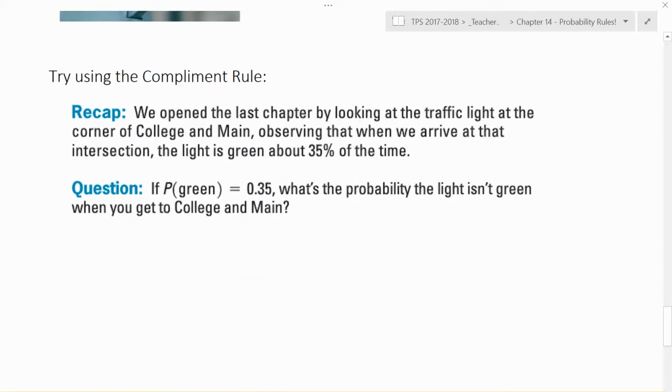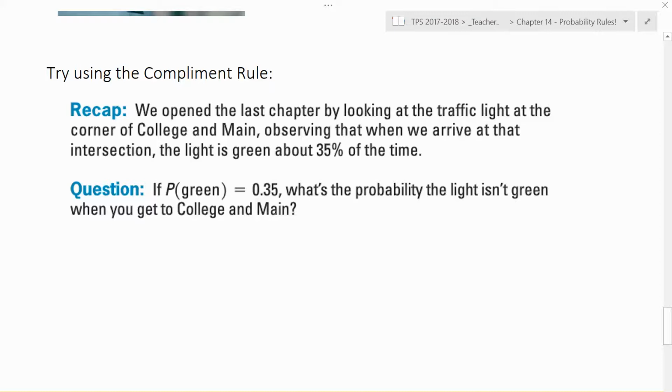Okay, so this looks a lot like what you'll see on your homework. We're looking at a traffic light, and we're observing that when we arrive, the light is green about 35% of the time.